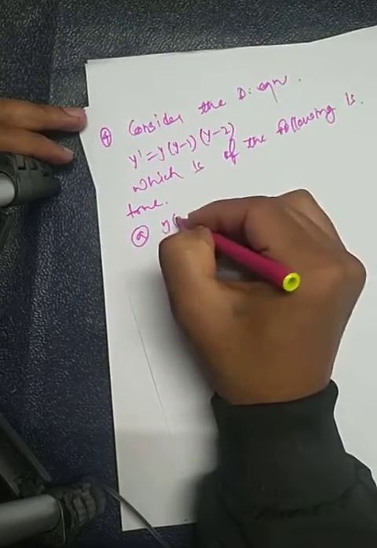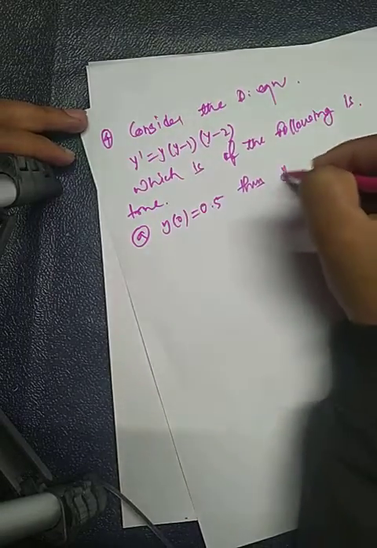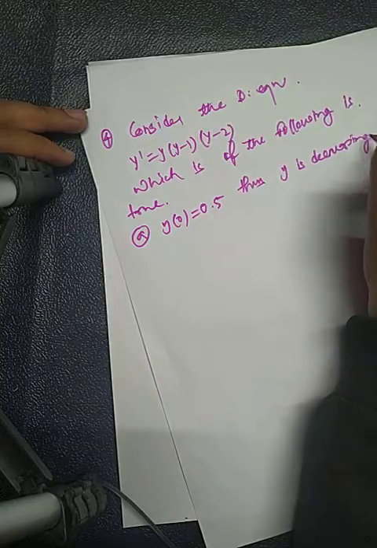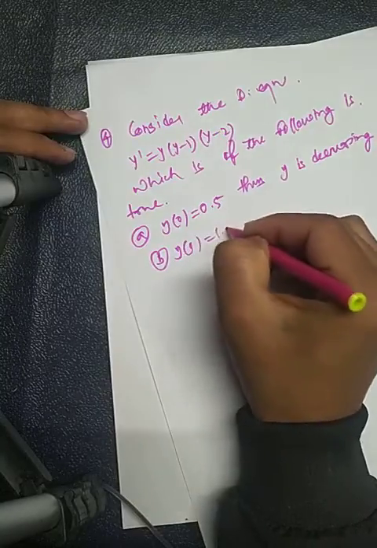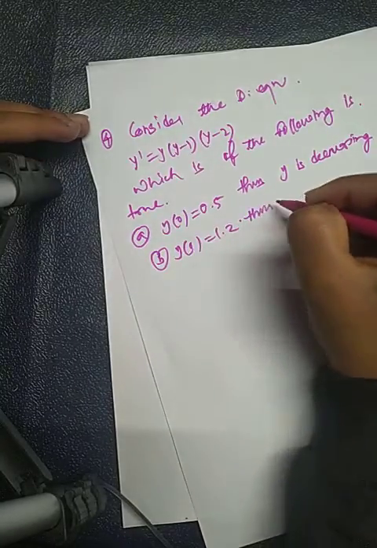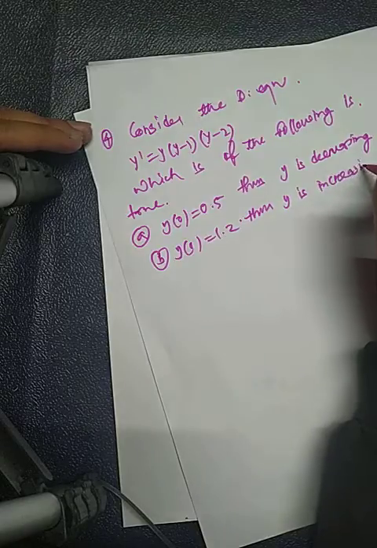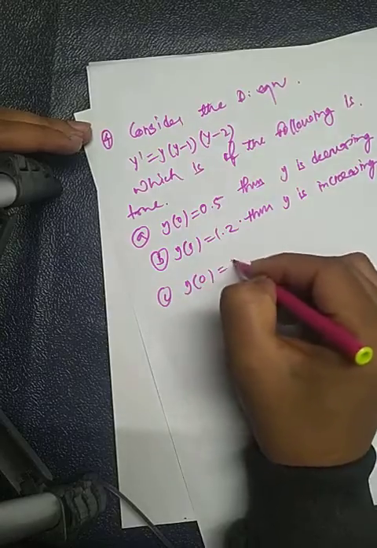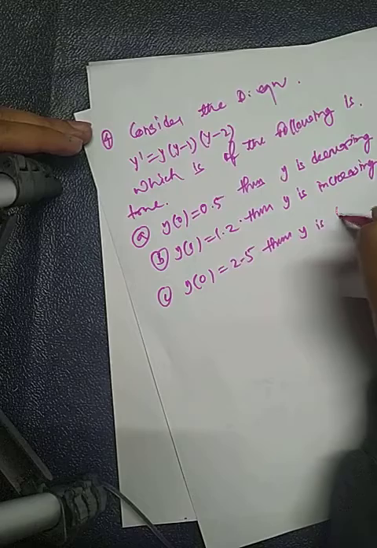Option A says if y of 0 is equal to 0.5, then y is decreasing. B says that if y of 0 is equal to 1.2, then y is increasing. C says if y of 0 is equal to 2.5, then y is unbounded.